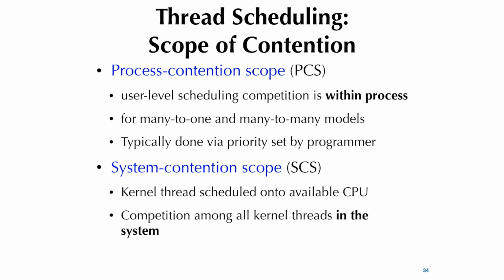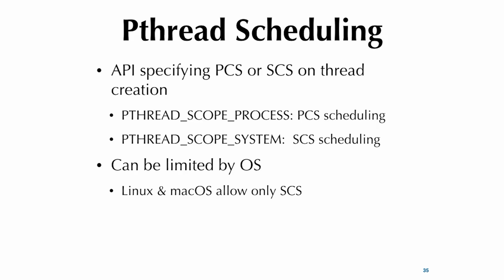System contention scope would be that you schedule these kernel threads onto available CPUs, but then what you're competing with when doing thread scheduling this way is the other kernel threads in the system, right? Because you're using system level resources, not just process level.